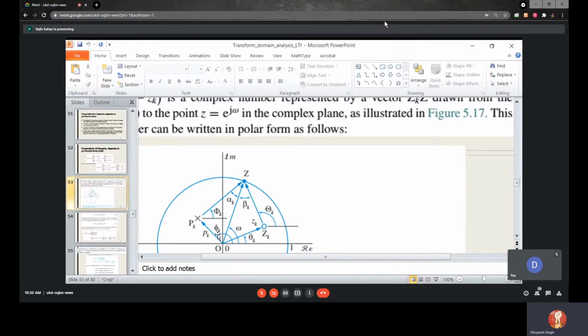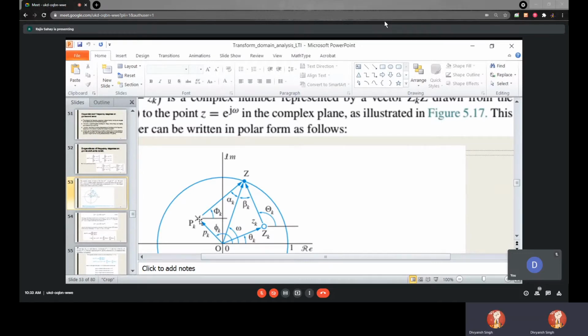So this is your angle phi k from the x-axis for the pole. This is the angle theta k from the x-axis for the zero. And the vectors z_k z and p_k z, they are denoting the factors e to the power j omega minus z_k and e to the power j omega minus p_k.